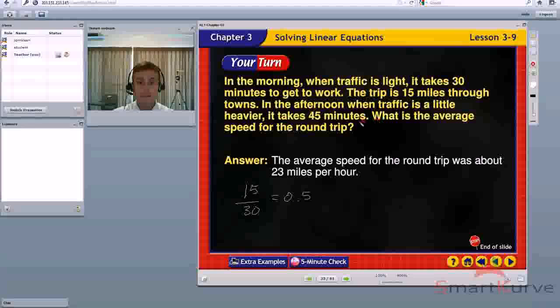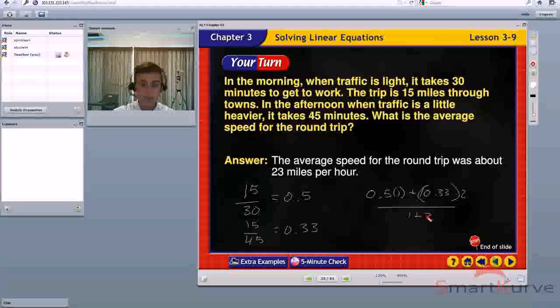On the way back, it's a little heavier, so it's again 15 over 45. 15 divided by 45 is 0.33. For the weighted average, 0.5 times 1 plus 0.33 times 2, divided by 1 plus 2.